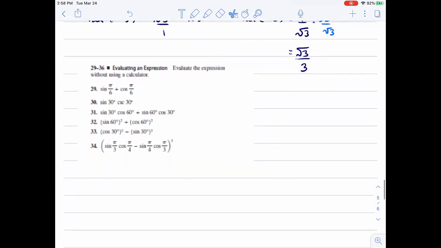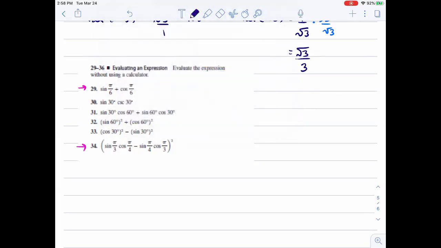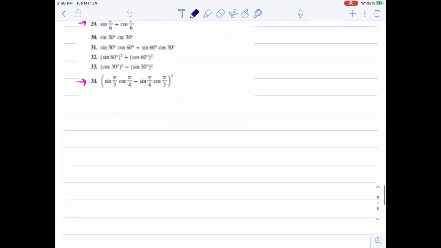Oh, it's blurry. Anyways, so we're going to evaluate these expressions without using a calculator. I'm really only interested in the ones that are in radians, and so just being able to read these and see which ones are in radians. There's only 2, right? And so those are the only ones that I'm actually interested in. And let's start with 29.